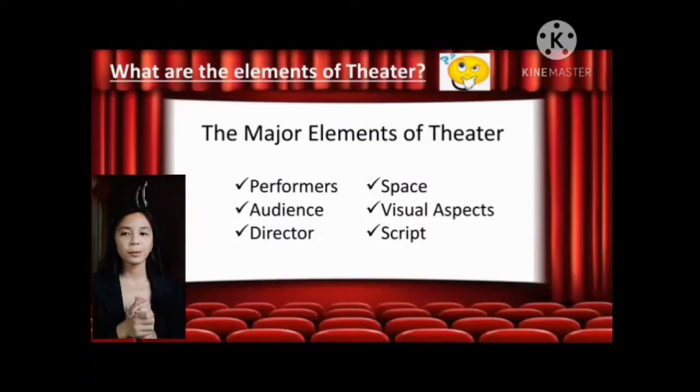So here are the elements of theater. As you can see here, there are 6 elements of theater: the performers, the audience, the director, the space, the visual arts, and the script.